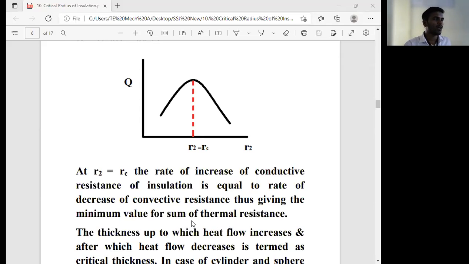Okay, minimum value of thermal resistance means we get the maximum rate of heat flow. When R2 is equal to RC, at that time we get the maximum heat flow.